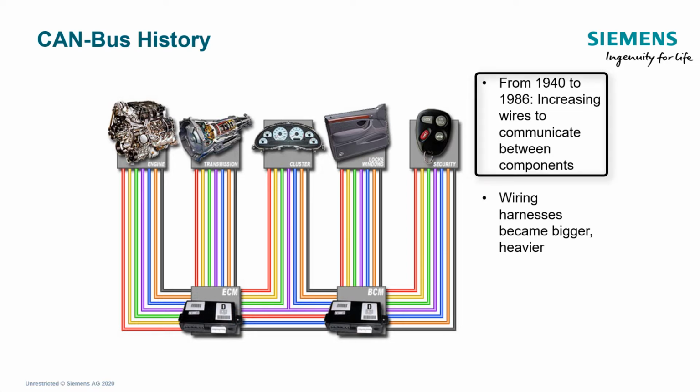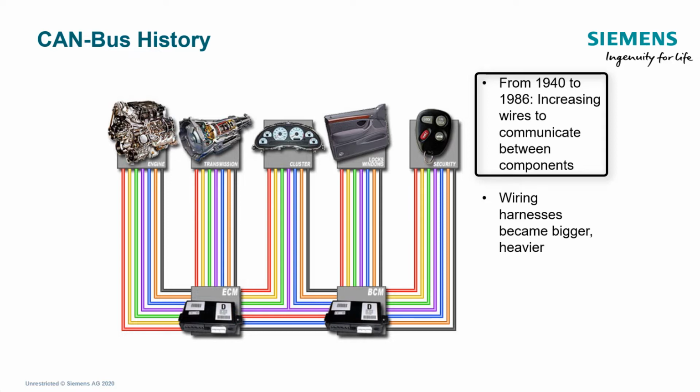Back in the day, when I first started my career with Siemens in 1986 or so, vehicles were becoming more and more electronic, meaning they had more and more electronic controls. So when you went to start up your car, the electronic control system would do things to make sure you didn't flood your carburetor, things like that. They got smart. They had embedded sensors, and they communicated to each other over analog wires, things like the engine to the transmission.